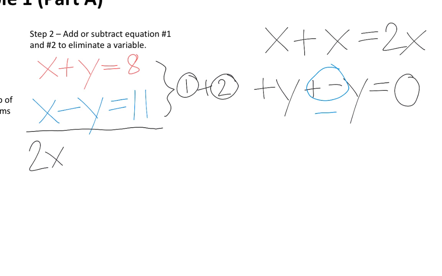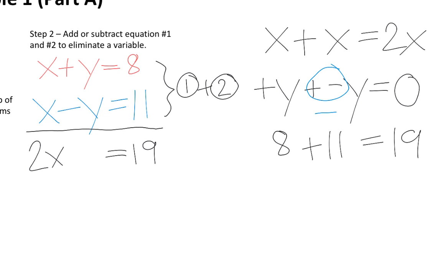Okay? Which means we've eliminated the variable of y, which is what we want to do. So I'm not going to write that 0 in. And last but not least, I have 8 plus 11. And that should be pretty simple. That is 19. Therefore, I'm going to put my 19 over here.